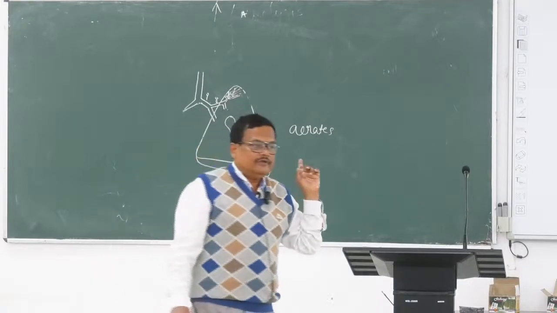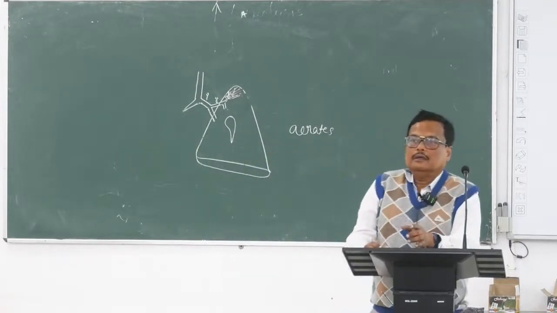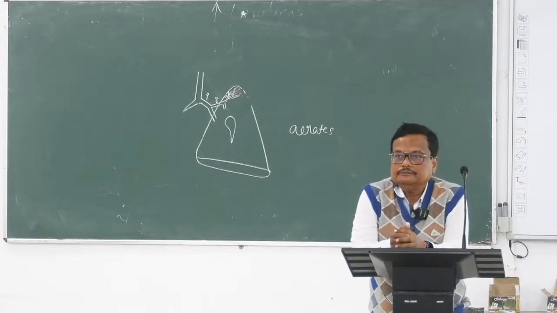So, one line definition of bronchopulmonary segment is that a pyramidal shaped part of the lung which is aerated by one tertiary bronchus.